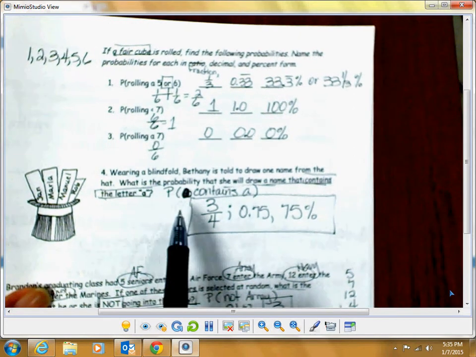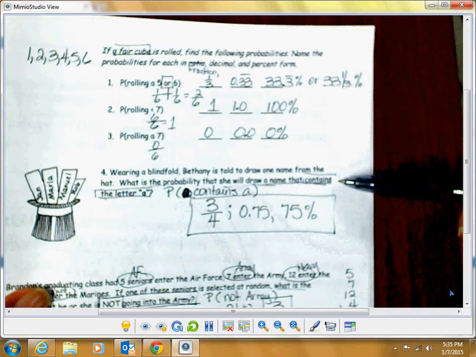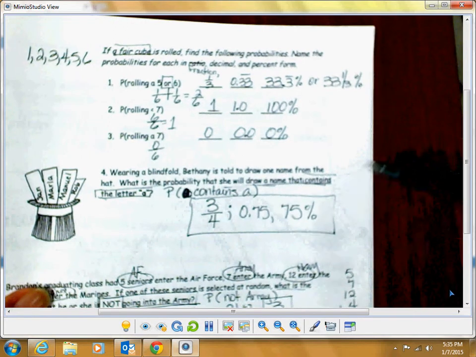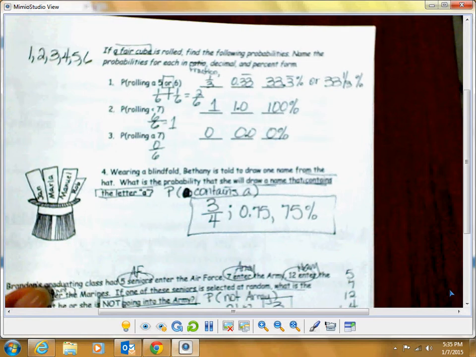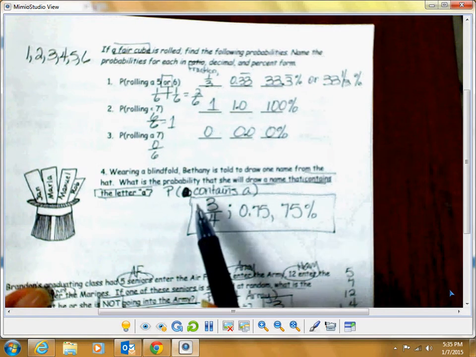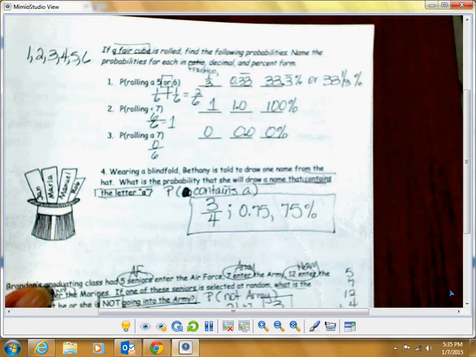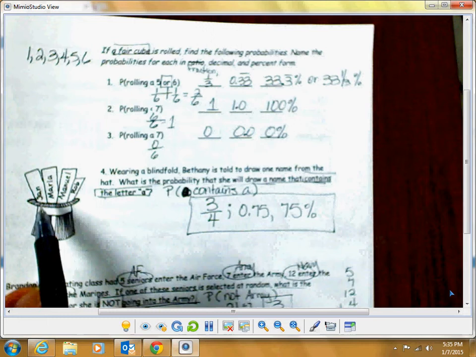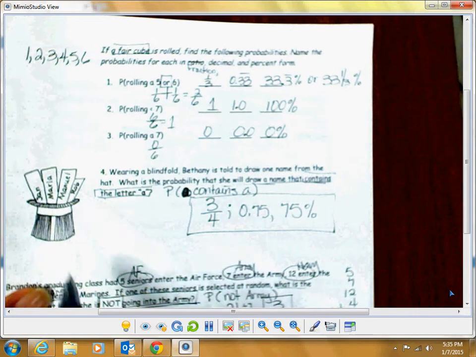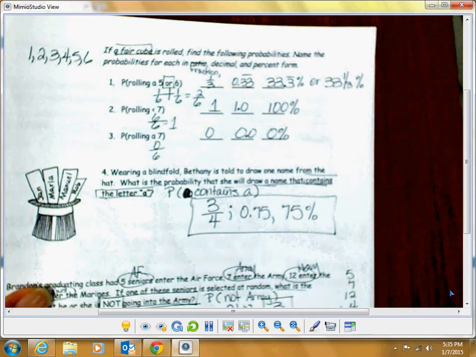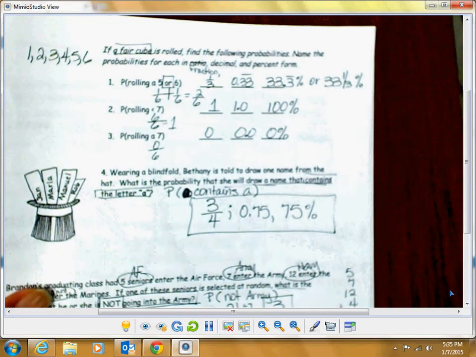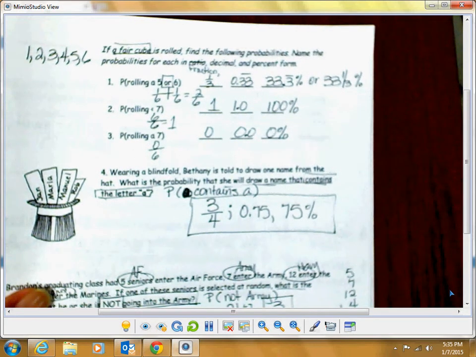So since it wants the probability of the name containing the letter A, in parentheses I put contains A. So since Jan contains A, Maria contains A, Manuel contains A, and Rob does not, that is 3 out of the 4 names that contain an A. Then I also wrote it as the decimal and the percent.